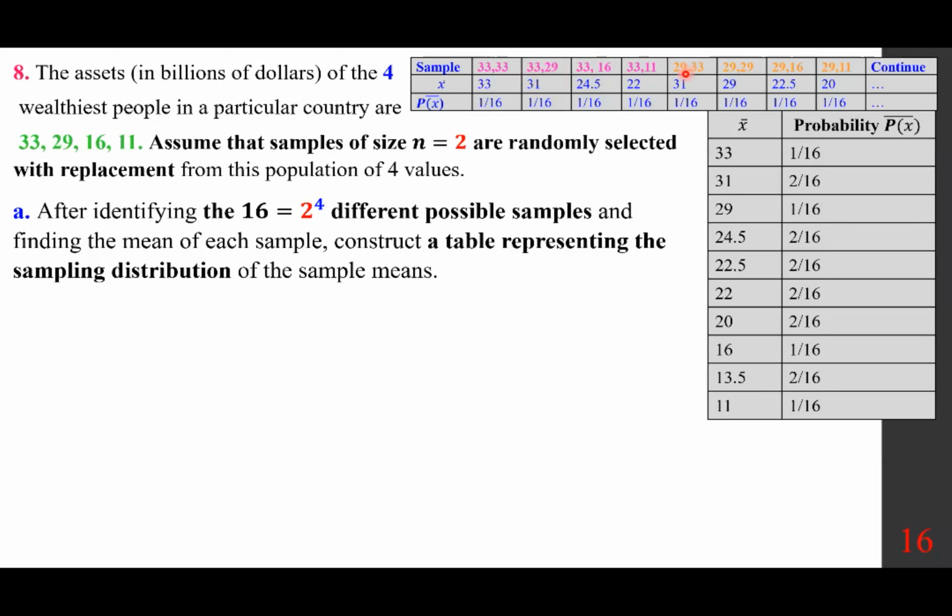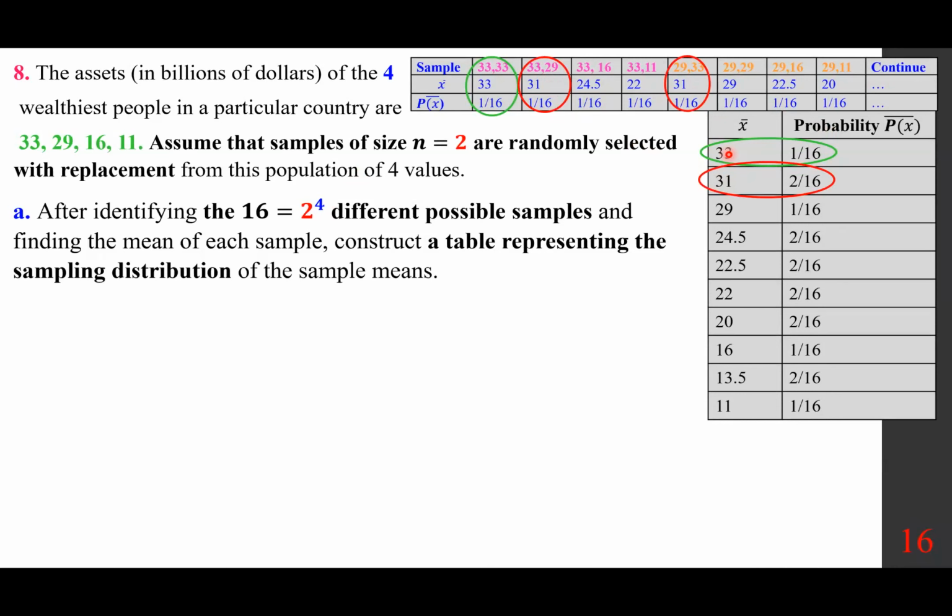If you reverse them, the average of 29 and 33 is also 31. So that's why for 33, we have only one choice, 1 out of 16. But something like 31, we have 2 of it.